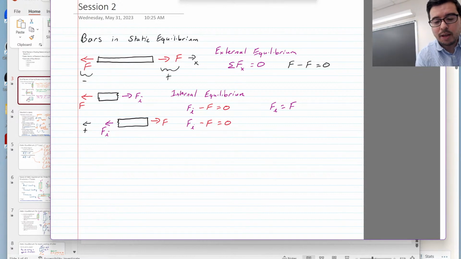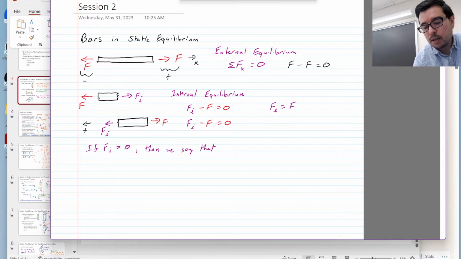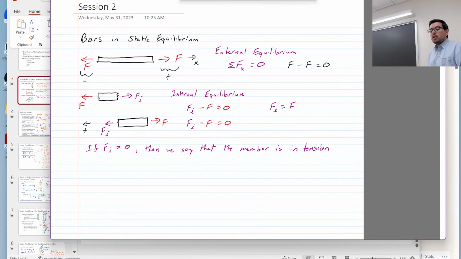So if Fi is greater than 0, then we say that the member is in tension. Okay? So that's the bar in static equilibrium.